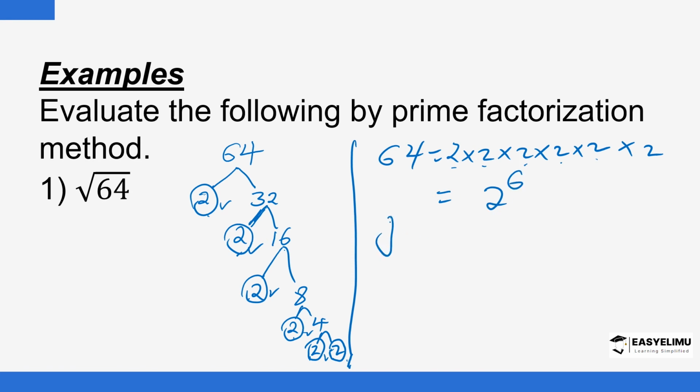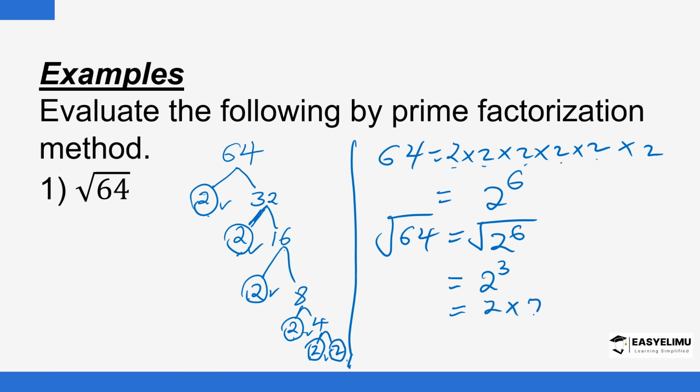So it means the square root of 64 should be equal to the square root of 2 power 6. You simply divide the power by 2. So what do you get? That is going to be 2 power 3. So 2 power 3 means 2 is multiplied by itself 3 times.